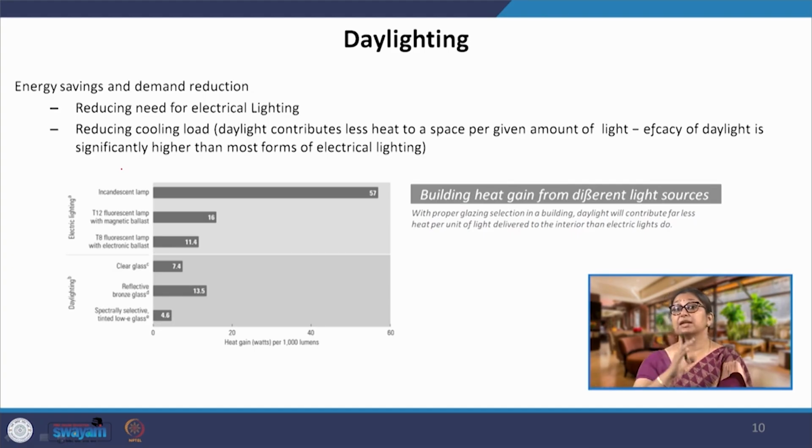If we have only a daytime use building, for example, schools are only daytime use buildings, there the window design has to be slightly different as compared to a 24-hour use building, for example, a call center which is going to function 24/7. There, since the glazing is going to impact the heat exchange more than the duration for which it is going to provide light, we have to do a 24-hour simulation, an annual simulation.